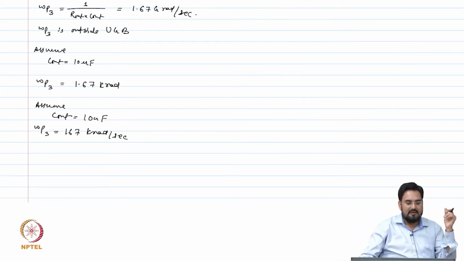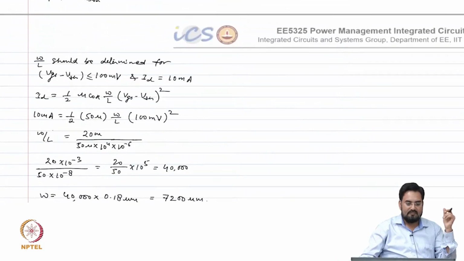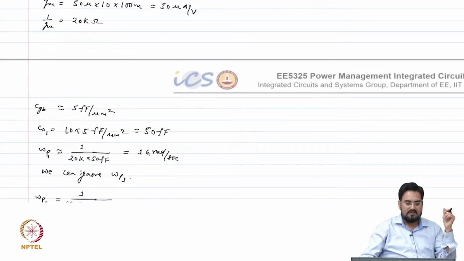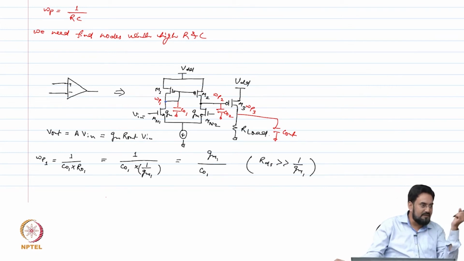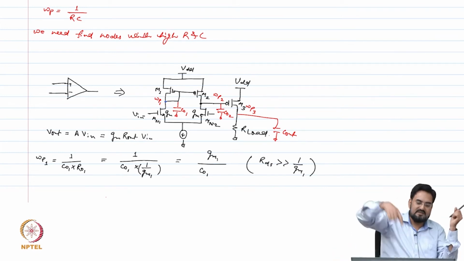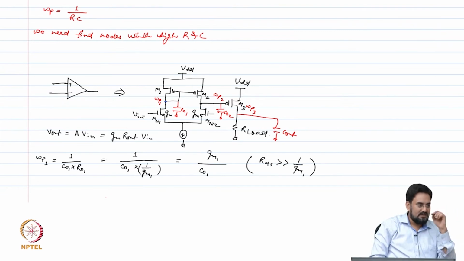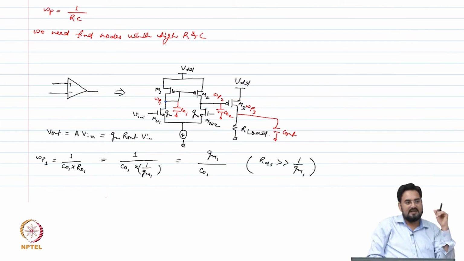So at 0 load what would happen? Hypothetically, when I say 0 load, R load will become infinite. So the current which will flow will be only through the feedback resistor. You have another R, which I am not showing here, for the beta factor, and that is usually very large. Both resistances may be 100K minimum, sometimes they are mega ohm also.